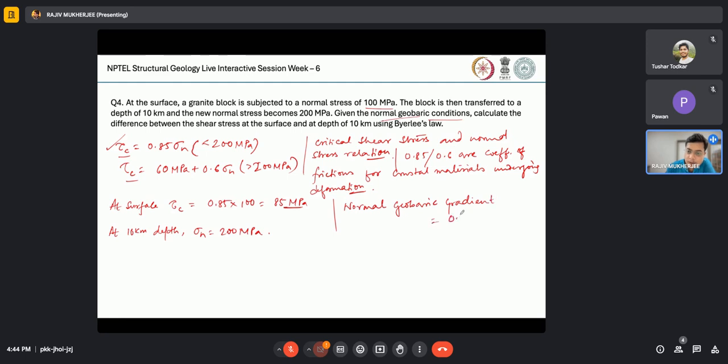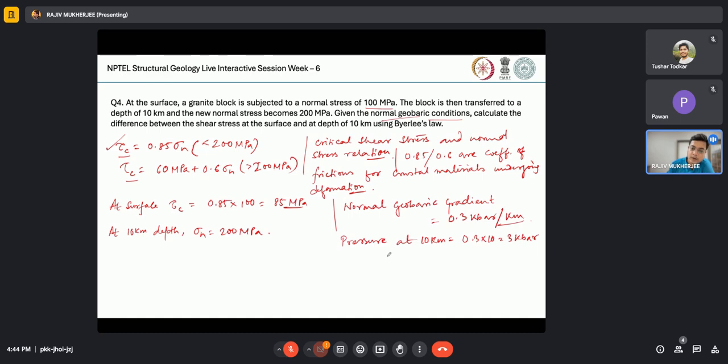That is 0.3 kilobar per kilometer. This is the normal geobaric gradient. We talked about this in the last class. So if we multiply this gradient with 10 kilometers, the pressure at 10 kilometers will be 0.3 times 10, which means 3 kilobar.